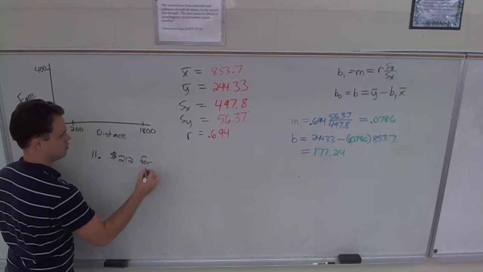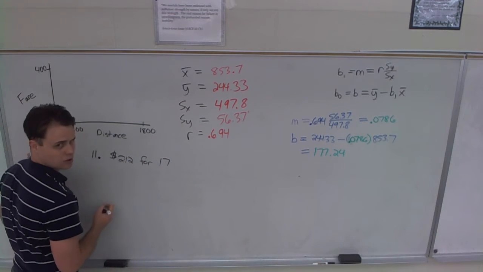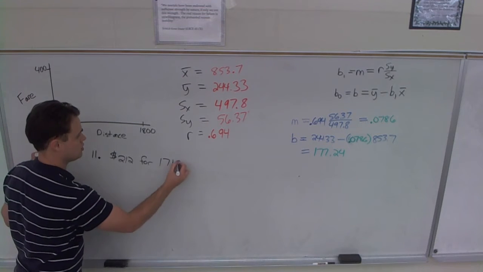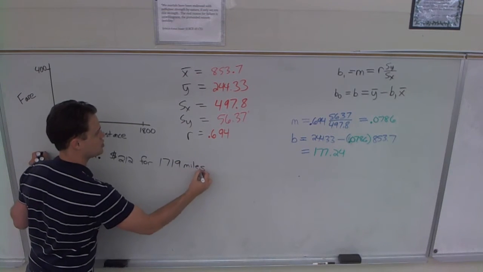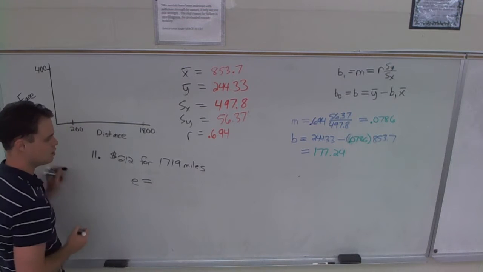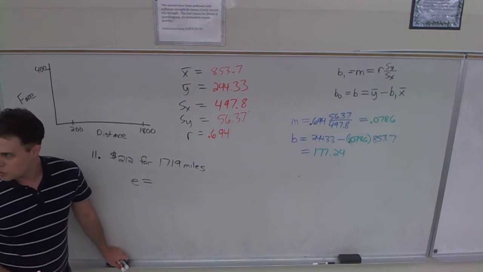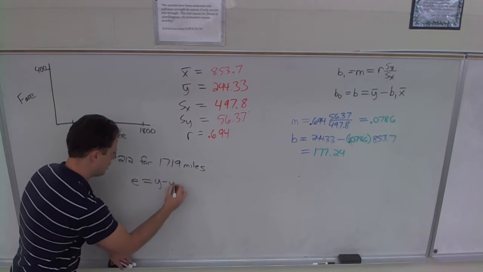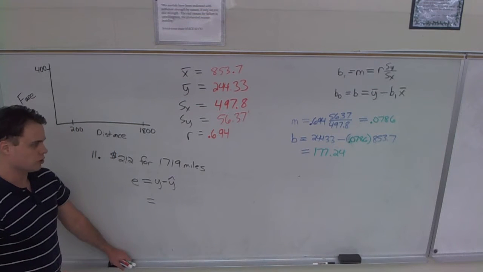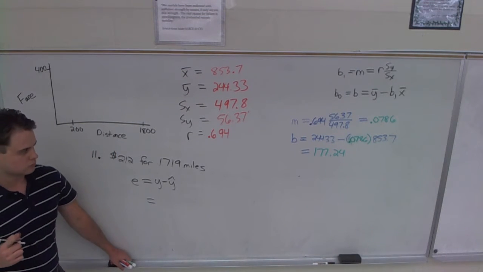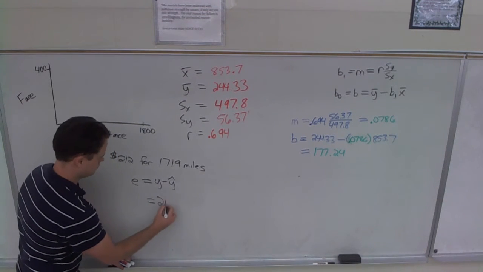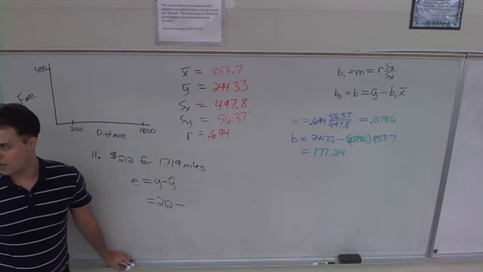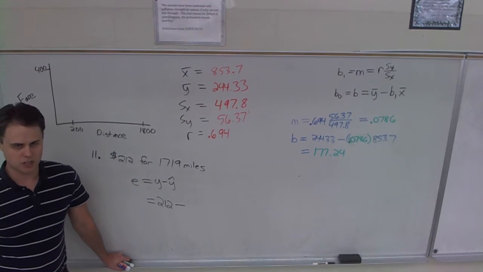For how many miles? 1719 miles. They wanted the residuals. The residual in this case, E, or you could write residual, I don't care. Residual is going to be y minus y hat. So the real thing is what? And the y hat thing we're going to have to get by doing what?